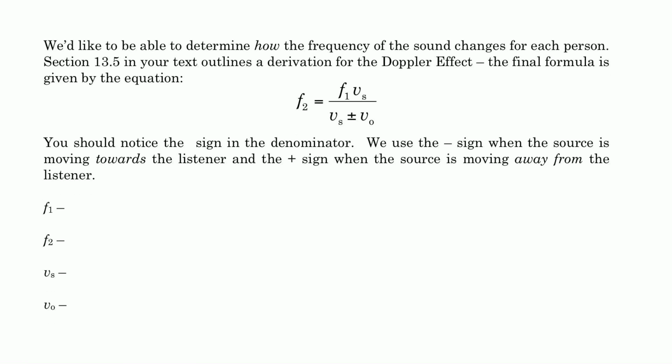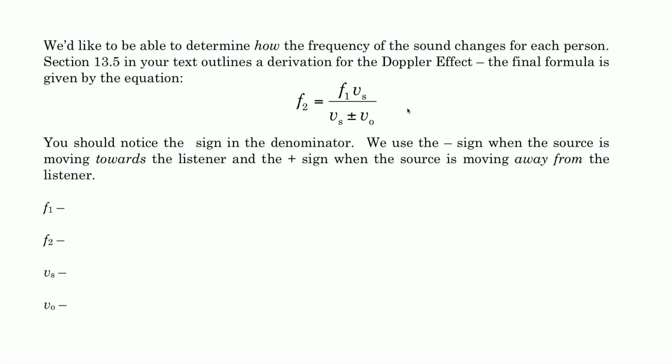So we'd like to be able to determine how the frequency of sound changes for each person, right? Section 13.5 in your textbook does have a derivation of the Doppler effect. It's a great derivation if you'd like to take a look at it.